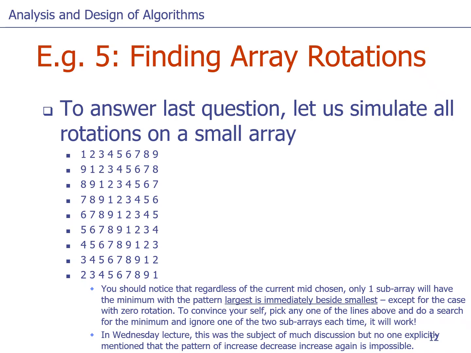Okay? Now, what we're trying to answer here is, can we turn this into something like binary search, where we ignore half and work with the other half? Can we do that? Don't jump to the conclusion that you can always do this just because you are picking a number in the middle.